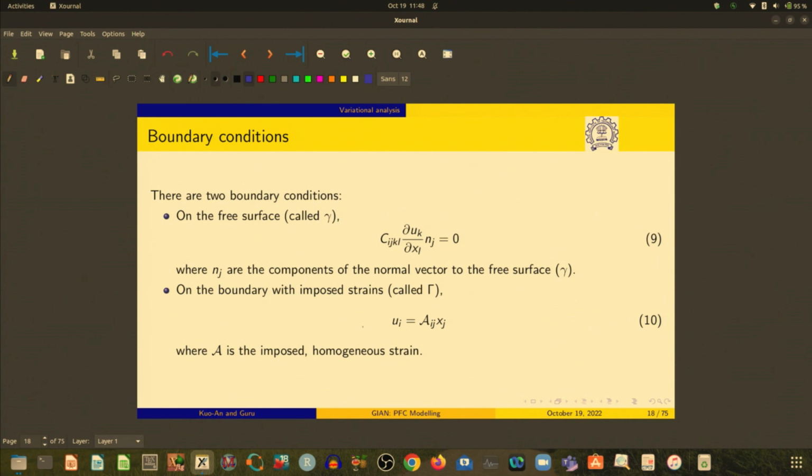On one boundary I have prescribed displacement, which is what this A_ij is, the imposed homogeneous strain, and I have traction 0. Remember, C_ijkl dou u_k by dou x_l is basically sigma_ij. Sigma_ij dotted with n_j basically is the traction, and traction should be 0 because that is a free surface, that is the boundary condition I am imposing, right.